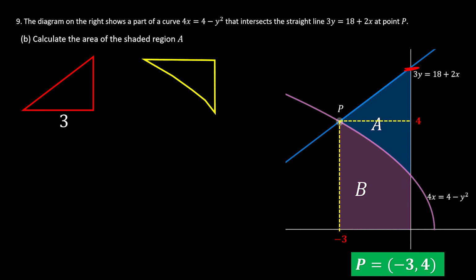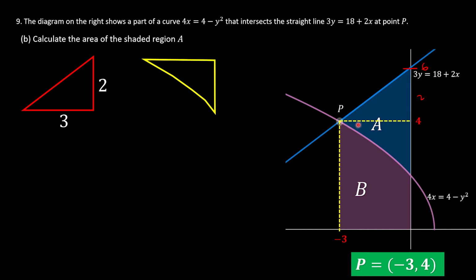This is basically the y-intercept of the straight line. For the y-intercept, x must be 0. So 3y is equal to 18, y is equal to 6. Then we know here must be 6. So 4 to 6 is 2 units. So the height of the triangle is going to be 2 units.